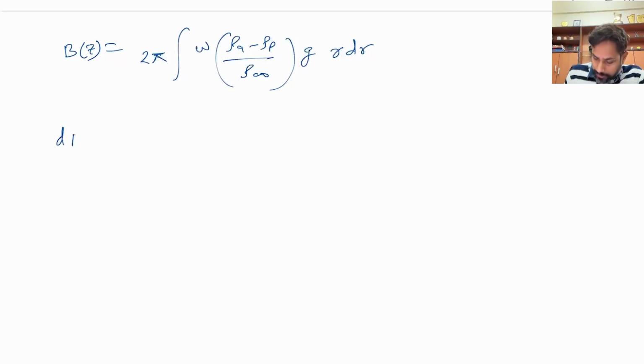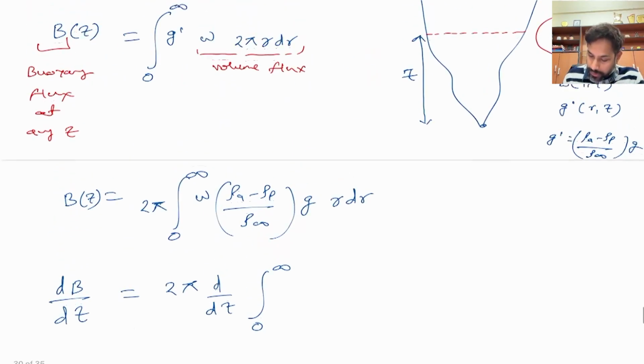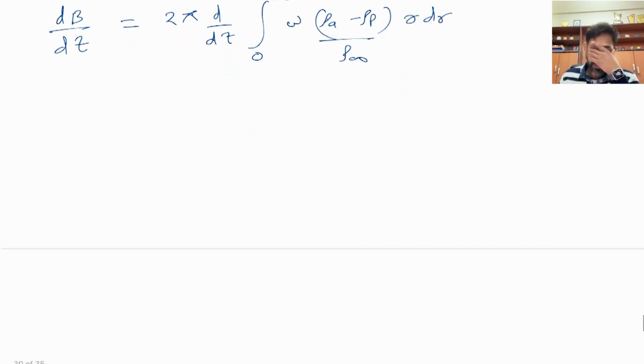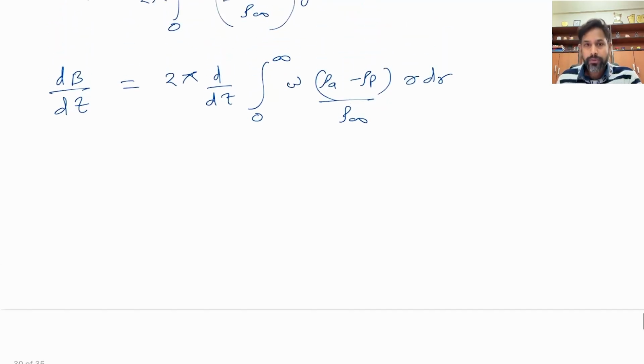As I said, we are using a different approach, so we simply differentiate dB by dz, because this is what we are trying to find, and 2 pi being constant simply comes out. This is going from 0 to infinity of w times rho a minus rho p by rho infinity, r dr. We know that z is an independent axis, independent of r, and that's why d by dz can be taken inside.